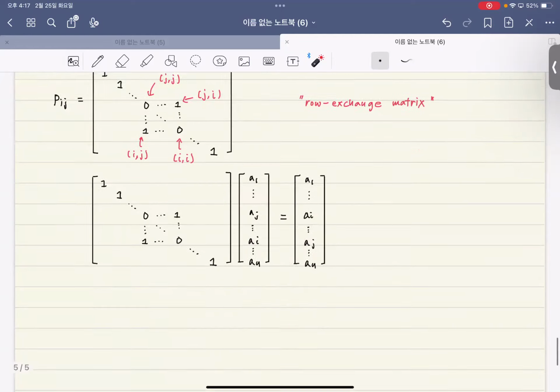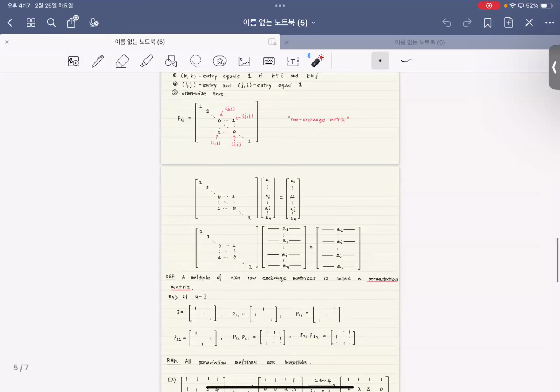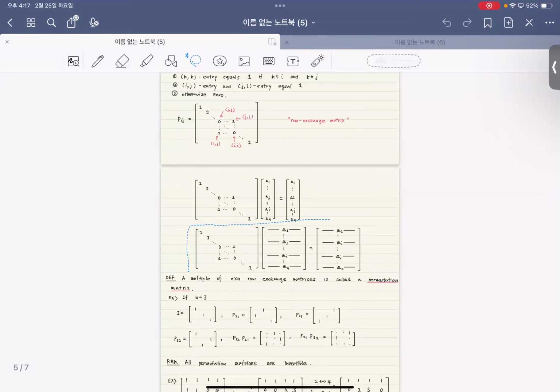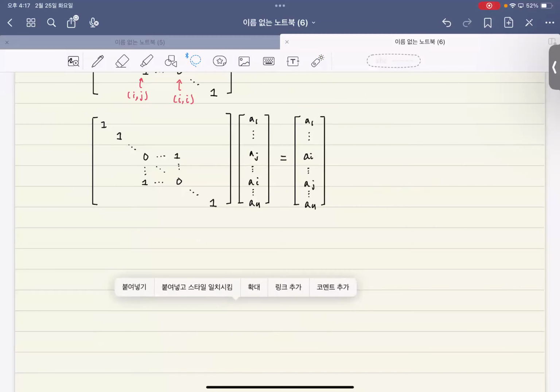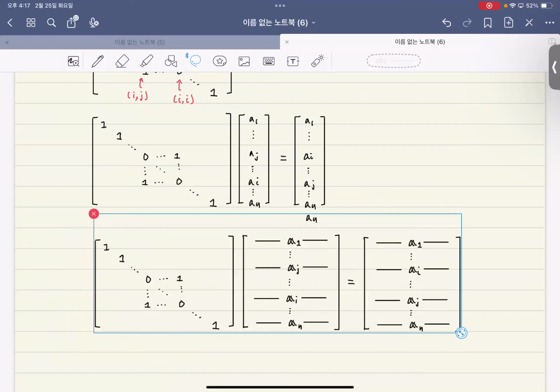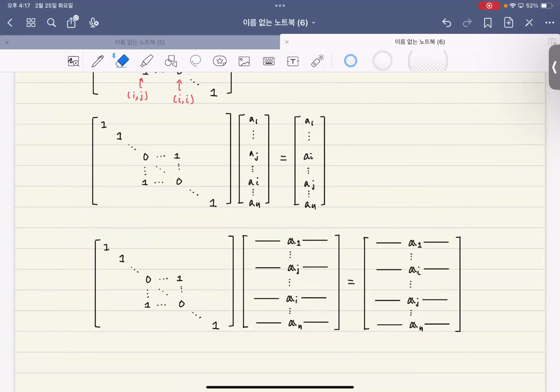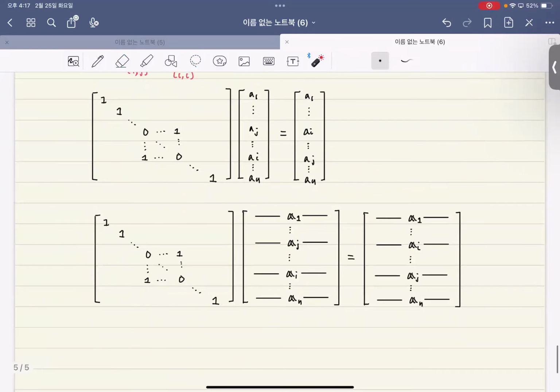Now, generalizing this. What if I multiply this row exchange matrix not to a single column but a whole matrix?